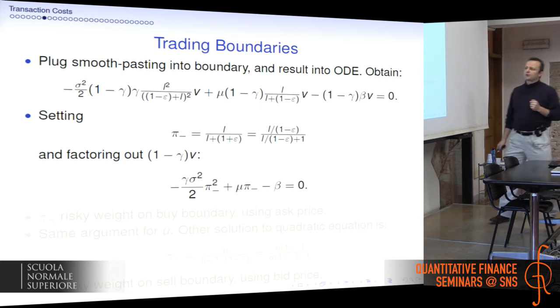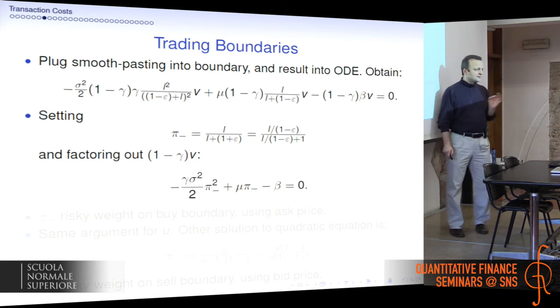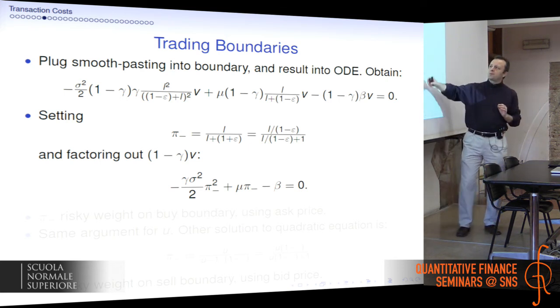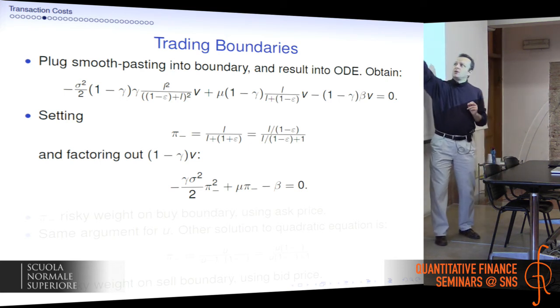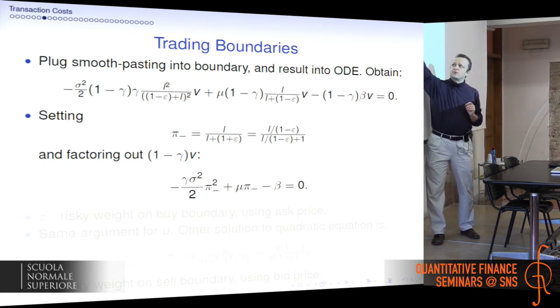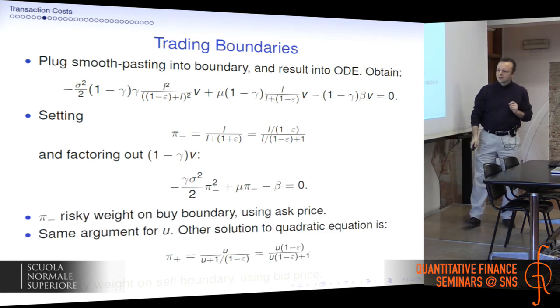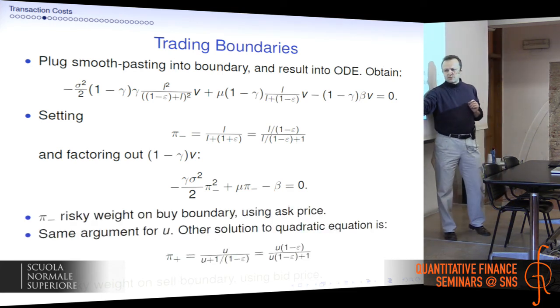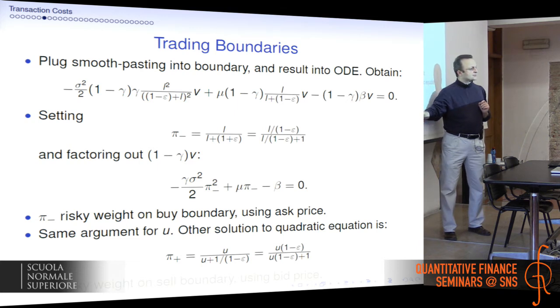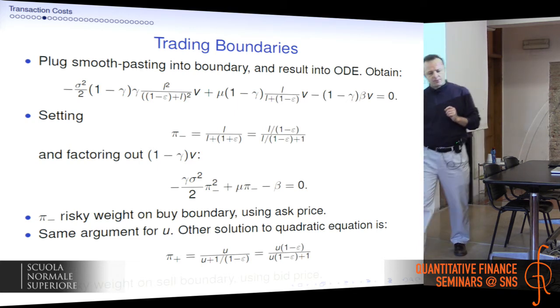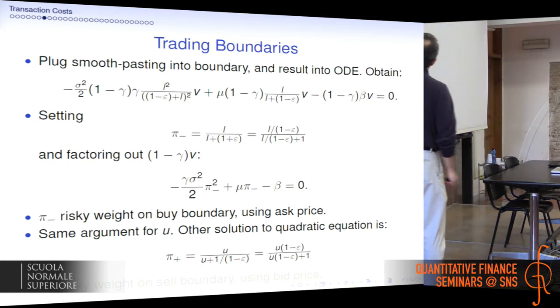So if we do some little algebra, we find immediately what L and U are. And actually, we're not going to focus on L and U themselves, but on this pi minus, which is L divided by L plus 1 plus epsilon, and on pi plus, which is U divided by U plus 1 over 1 minus epsilon. So what are these pi plus and pi minus?